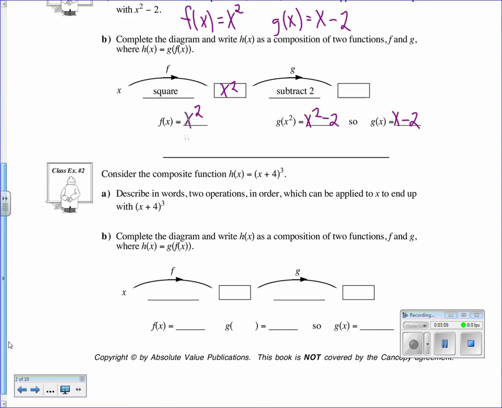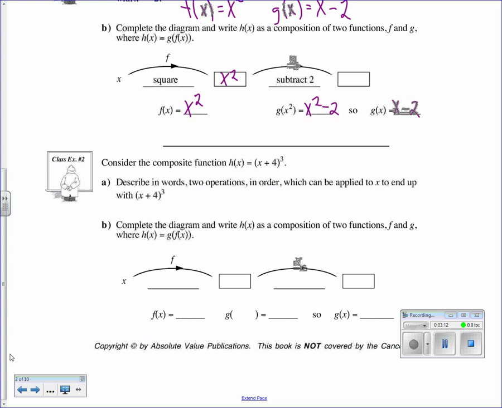Let's take a look at this one. I want to try to express the function x plus 4 cubed as a composite of two functions. Probably easier to start in the middle. So my first function would be the idea of taking x and adding 4 to it. And then the next function would say, hey, let's take that and cube it.